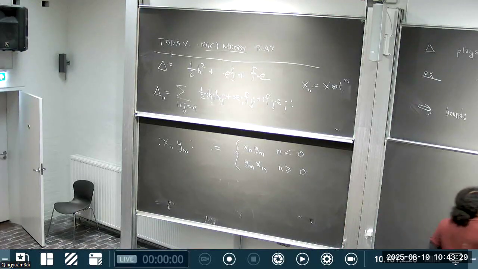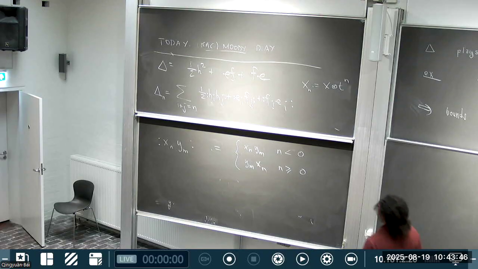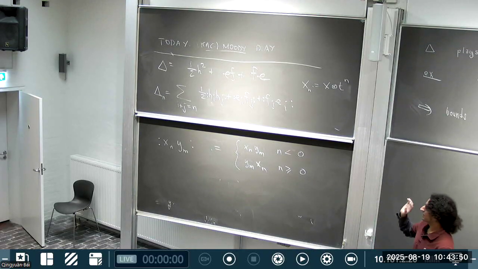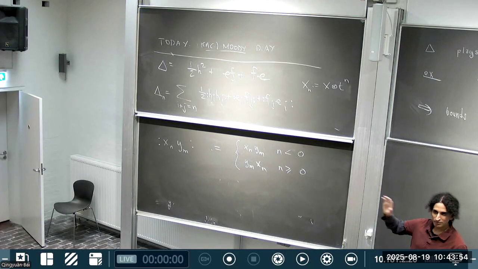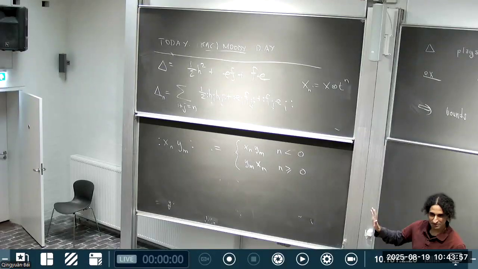And now let me tell you about what modules we want to consider. Yeah, a technical point is that to literally make this work, you have to pass to a certain central extension, really.